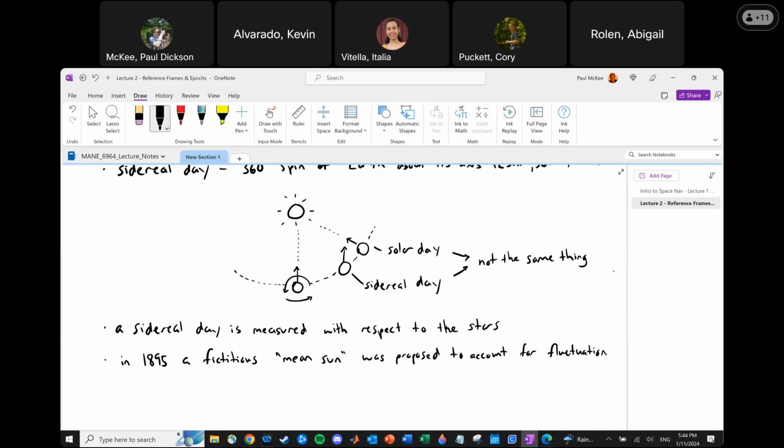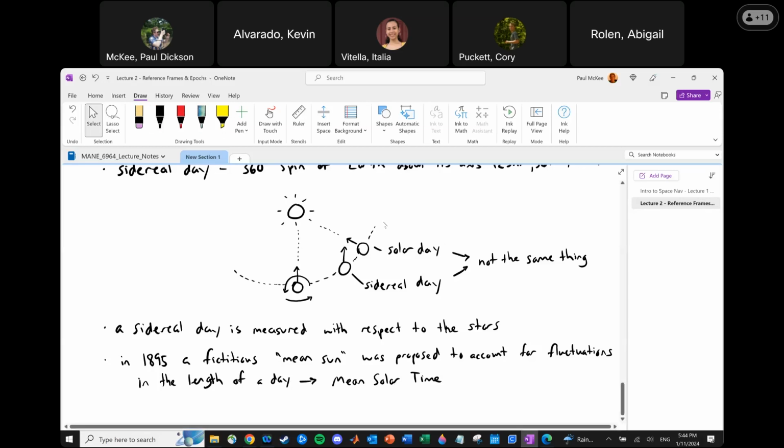So as early as 1895, people knew that regular solar noon to solar noon probably wasn't going to cut it, for fluctuations in the length of a day. And then this became the basis for what we call mean solar time. Kind of sounds like it could be a band name.